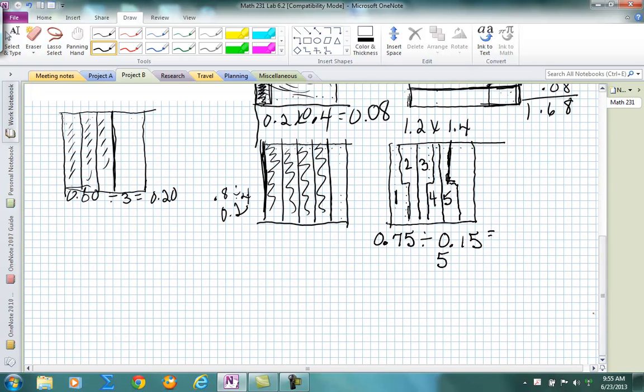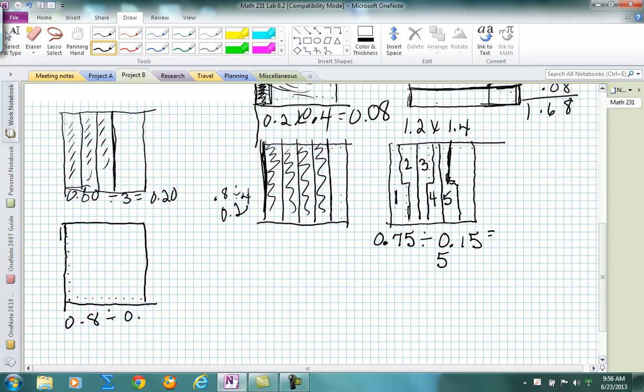So let's look at another example. So I'll start out with my unit square. So let's say I have 8 tenths. I want to divide that by 2 tenths.